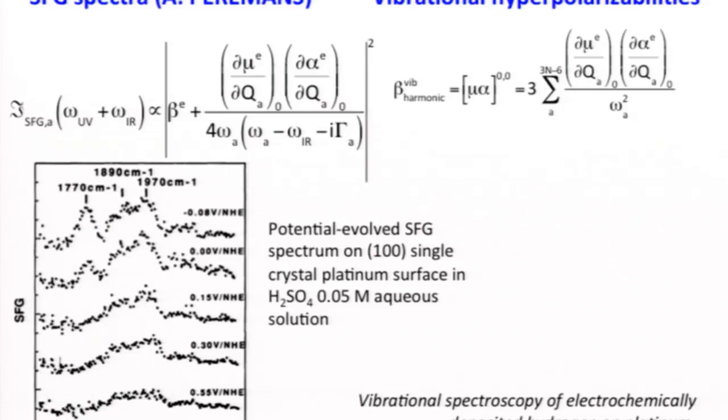And in this experiment, this is the quantity that he was probing. You see that in the numerator, you have a product of an infrared dipole and a Raman tensor.